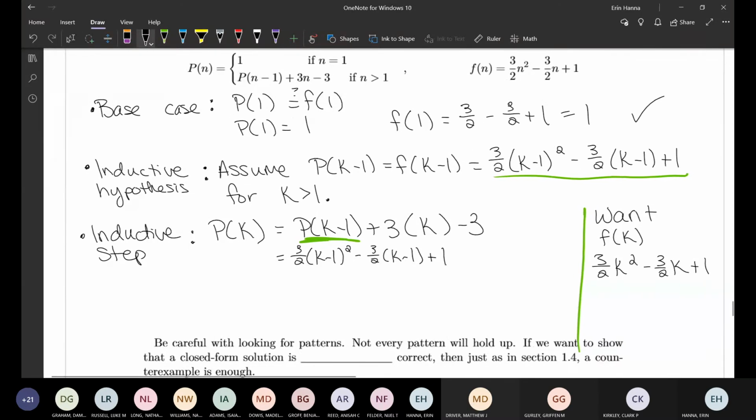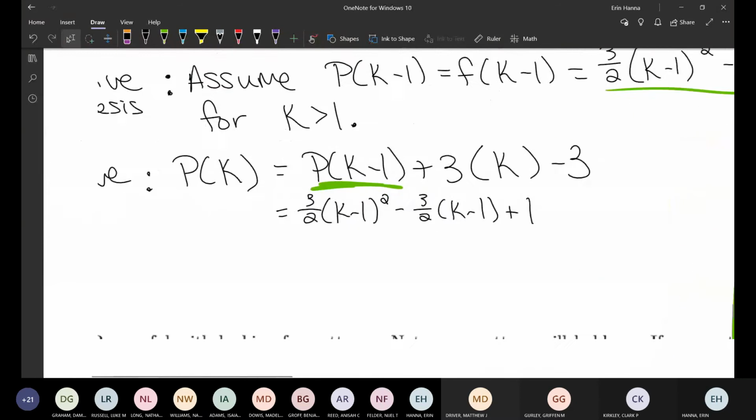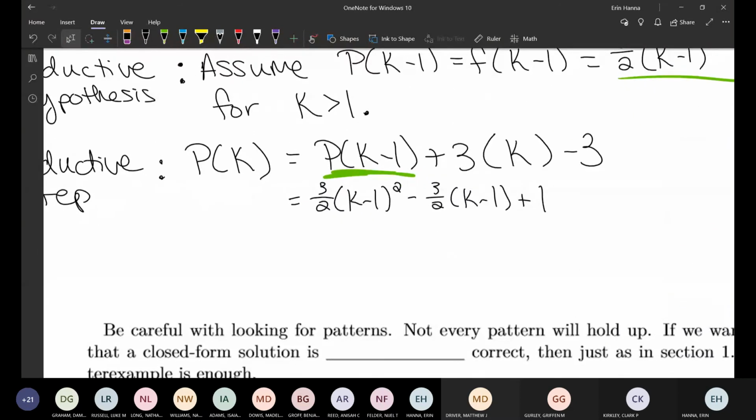I'm going to zoom in a little bit so y'all can see the algebra. So we want to try to find 3/2 k squared minus 3/2 k plus 1. So we probably have to FOIL and distribute all this out. Let's FOIL that first.